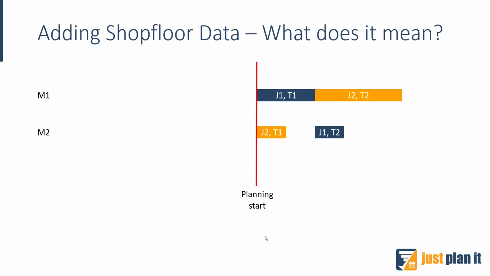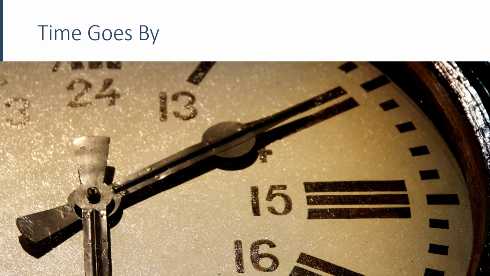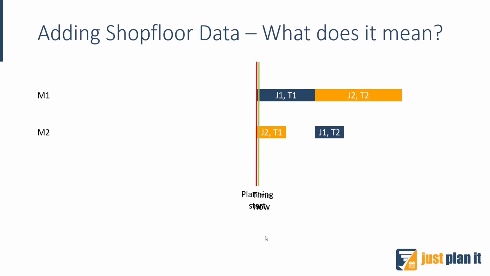So now let's have the next example and have a first look at what happens if we get some shop floor feedback. So we have the same situation, and now the planning start line should be the same as the time now. And now time goes by, of course.